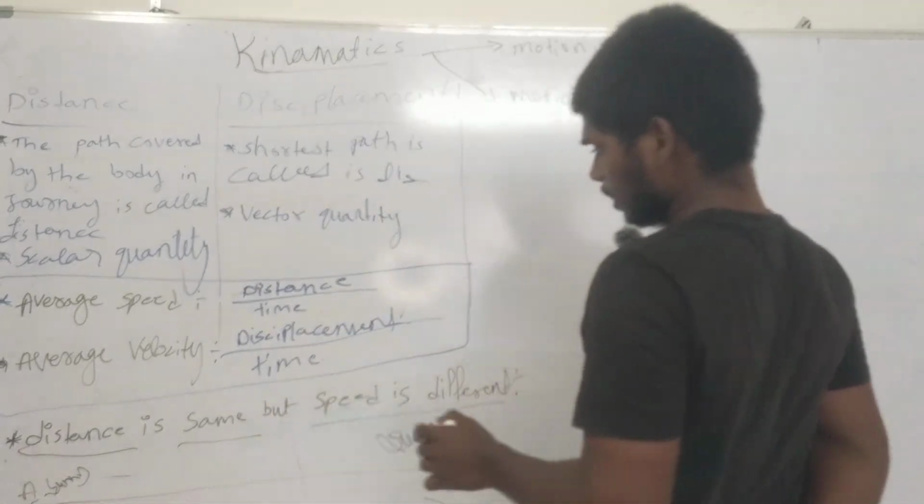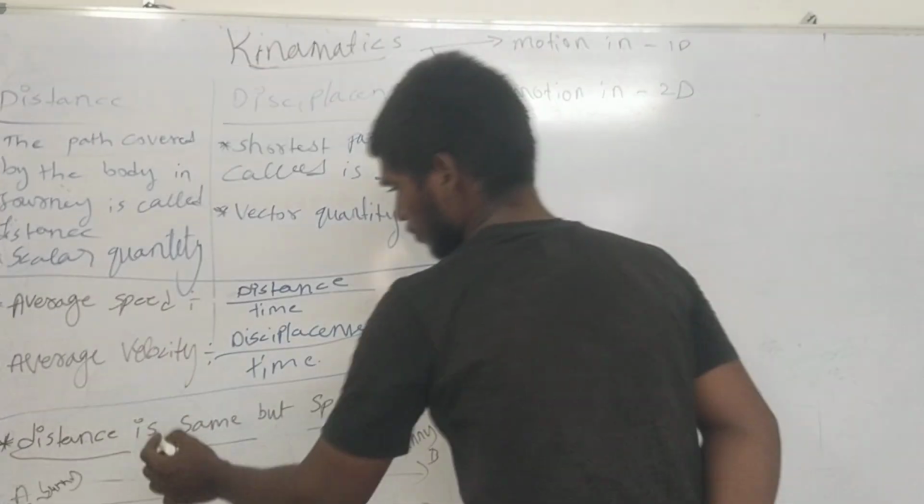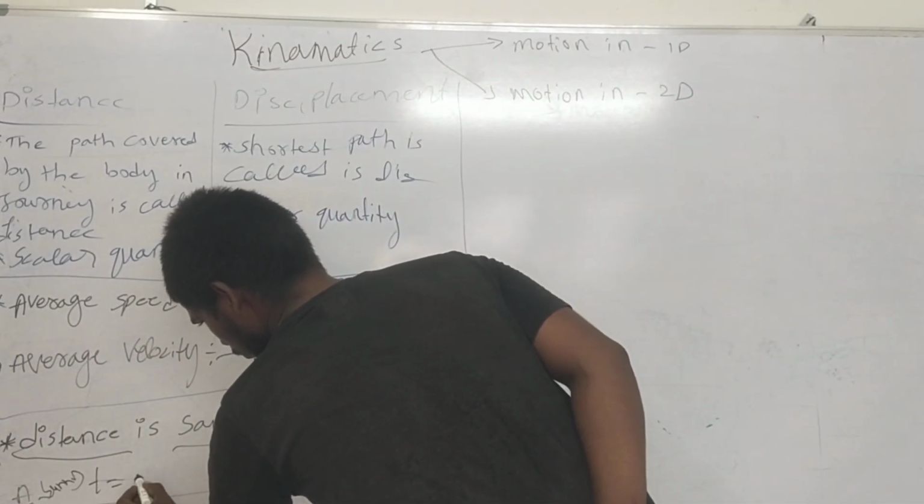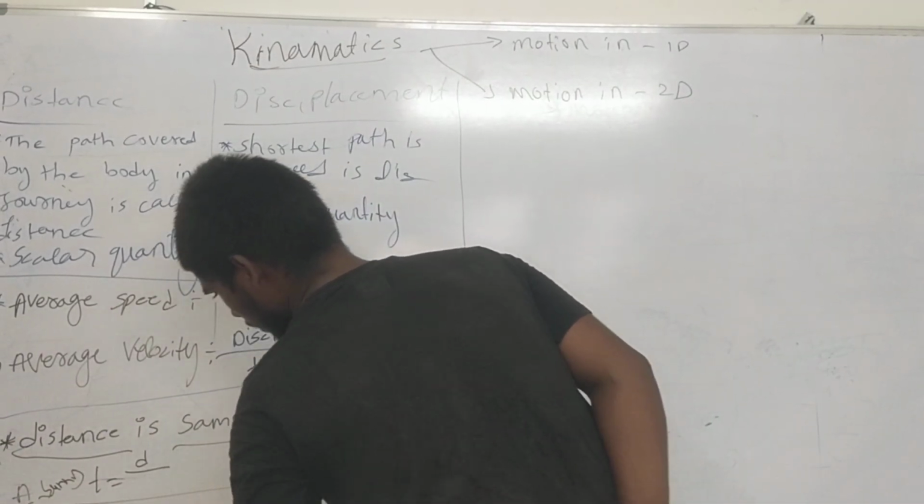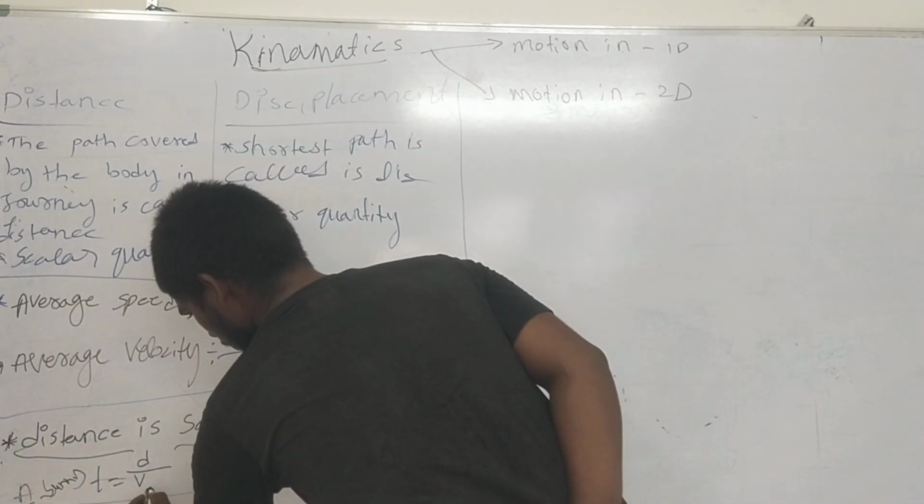So what is the formula for time? T is equal to distance by velocity.